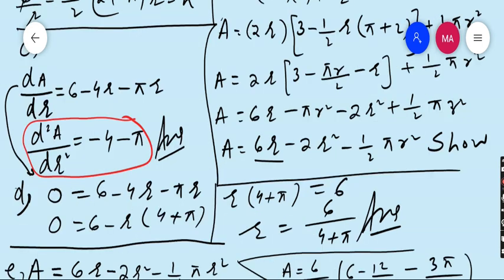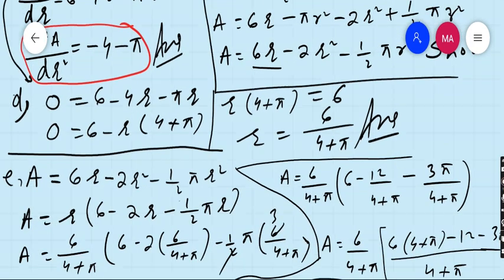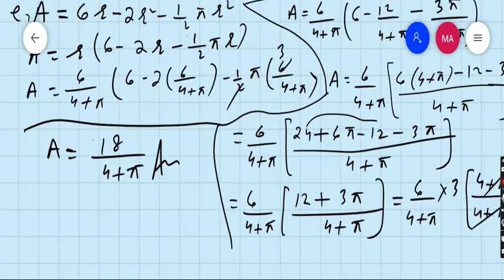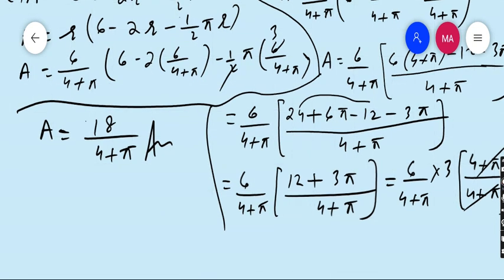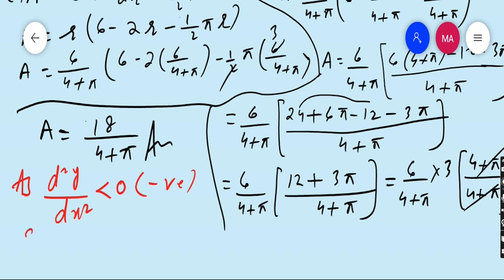Therefore, as the second derivative d square y by dx square is less than 0, meaning negative, it is a maximum. This is the full and final answer of question number 6.